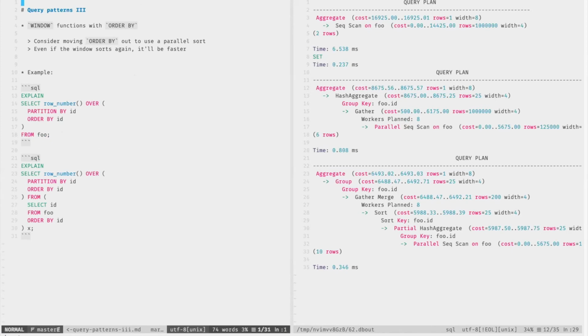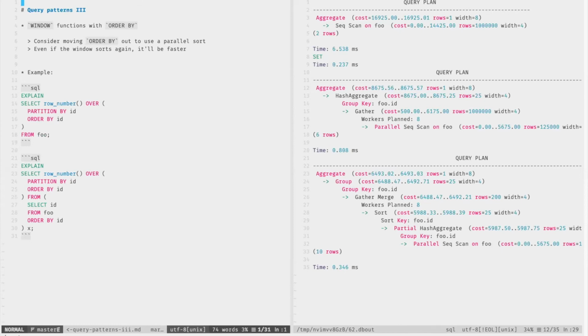Pattern number 3, window functions. Also one of my favorites, actually. Why? Because window functions, unfortunately, are not parallelizable at the moment. Maybe that changes. I think there are some ideas in the community to change at least a few of them.